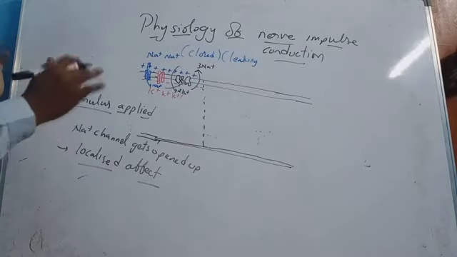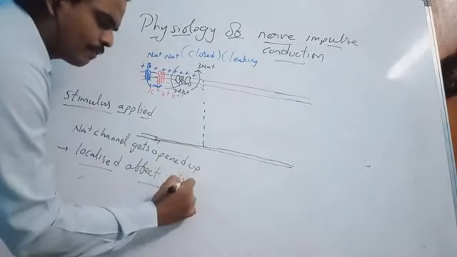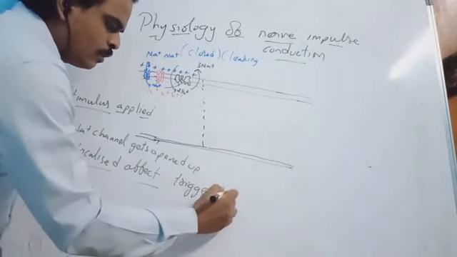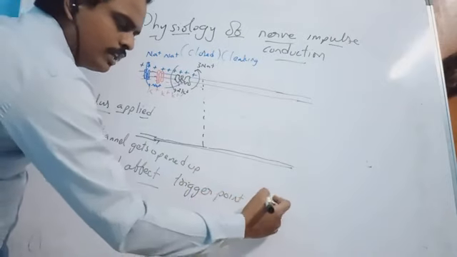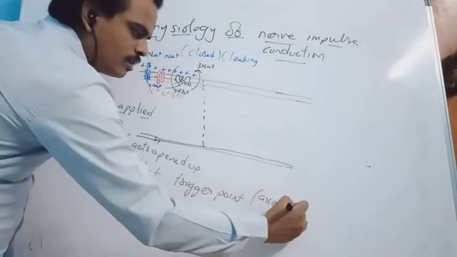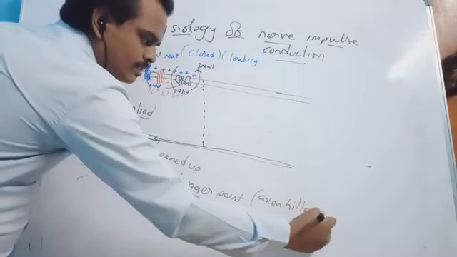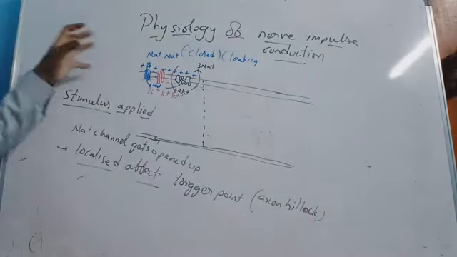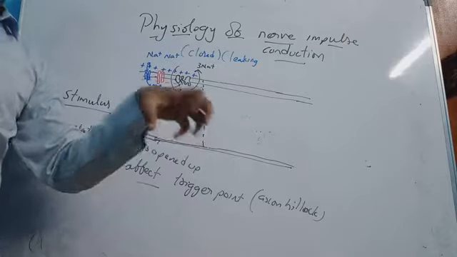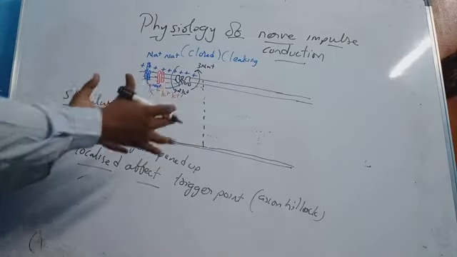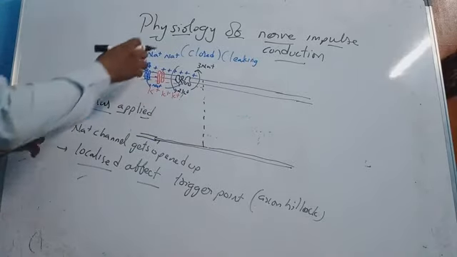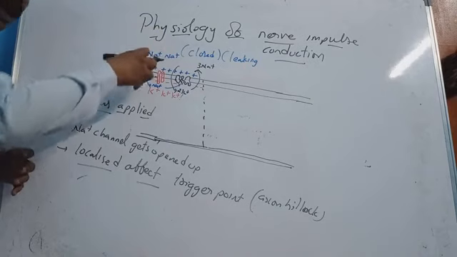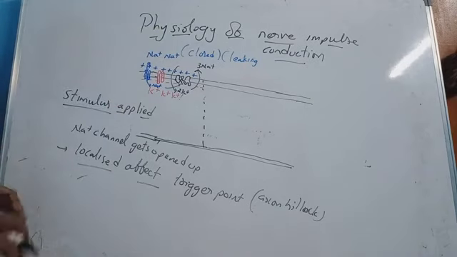It will be localized. At some point, as I have said, we have the trigger point. What is the trigger point of the axon? That is the axon hillock. So from all the dendrites, all the dendrite actions will bring the ions, and all the ions will start putting their effort on the site called the axon hillock.